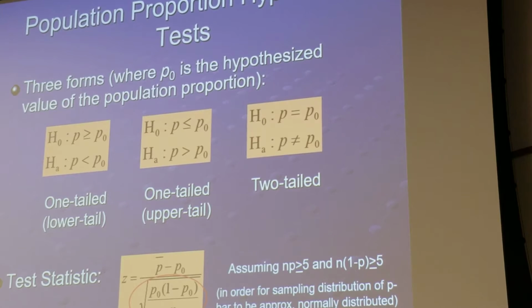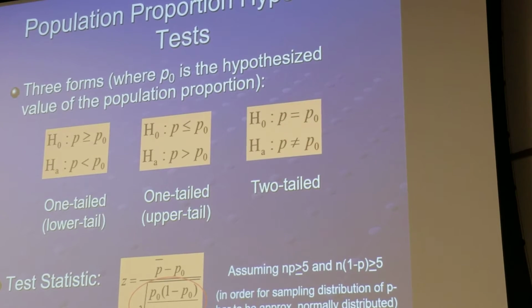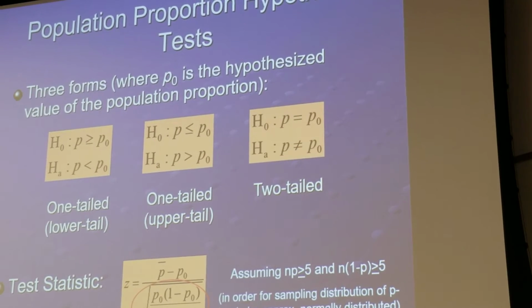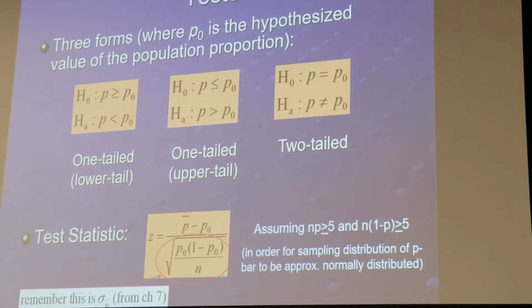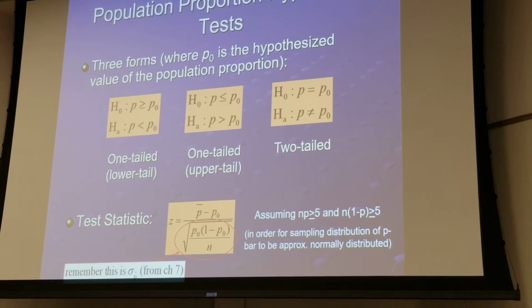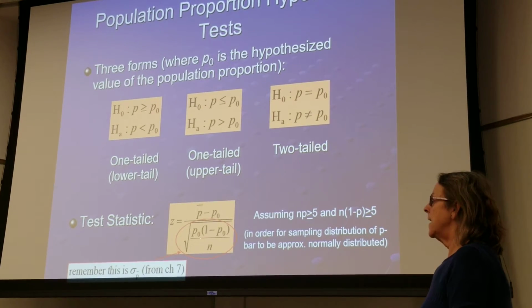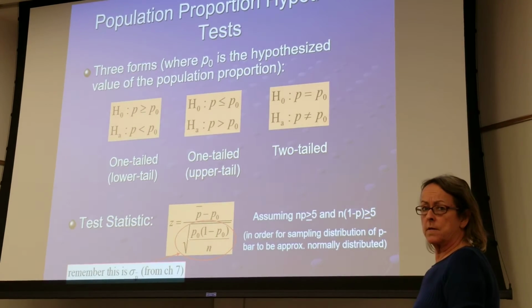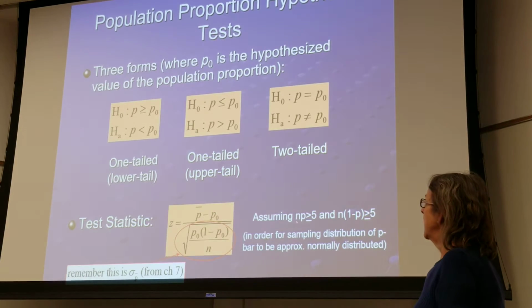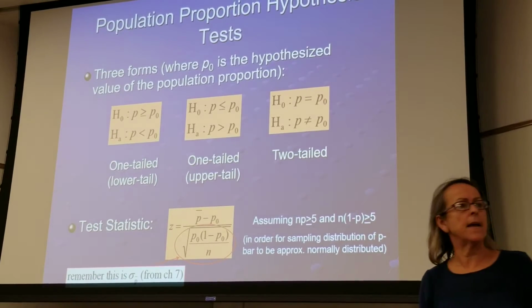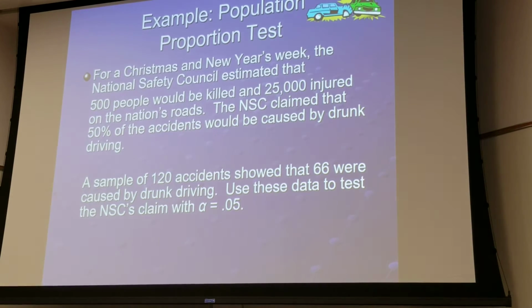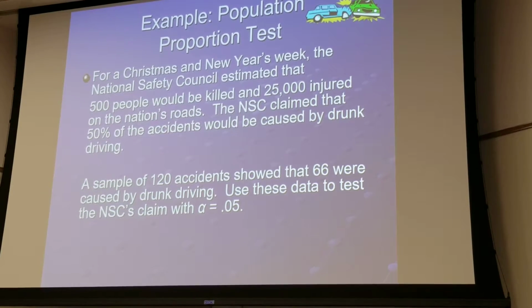The test statistic for step 5 is your sample proportion minus your hypothesized proportion divided by your standard error. Notice that the standard error is using the hypothesized proportion, which comes from your step 3. You prove a z-score by doing n times p is greater than or equal to 5 and n times 1 minus p is greater than or equal to 5.